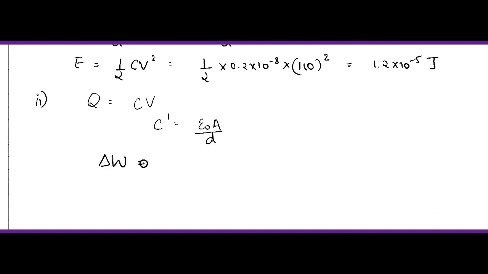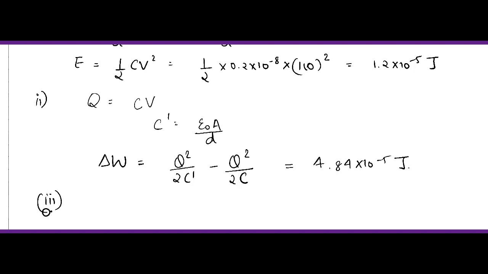Delta W would be equal to Q square by 2C dash minus Q square by 2C, where Q is CV. When we substitute all the values, this turns out to be 4.84 into 10 to the power minus 5 joules. This is the total work done.